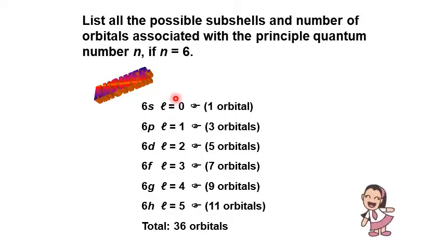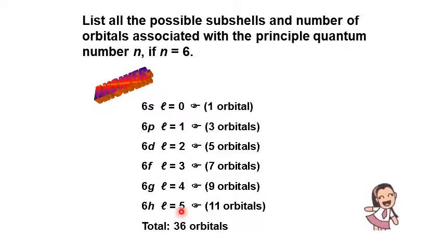Then to check: when l equals 0, m equals 0, so 1 orbital. For this one, m equals -1, 0, +1, 3 orbitals. For this one, -2 until +2, 5 orbitals. For this one, -3 through 0 until +3, so 7 orbitals. This is -4 through 0 until +4, there are 9 orbitals.